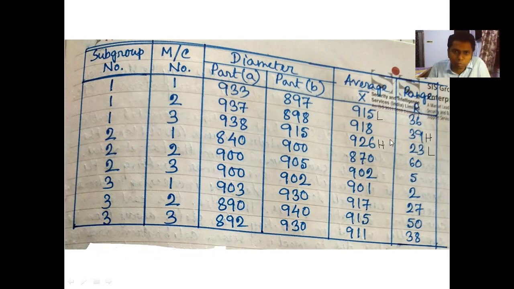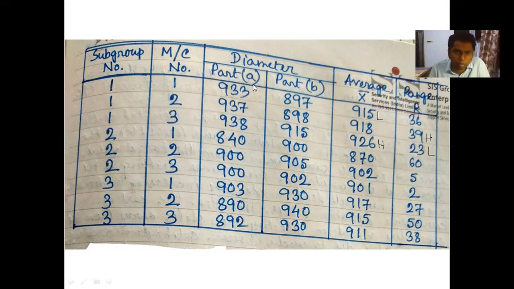The same thing we should do for all the subgroups. This is the second subgroup. Here 902 is the highest and 870 is the lowest. For the range, 60 is the highest and 2 is the lowest, and so on. In the main problem, there are 6 subgroups.